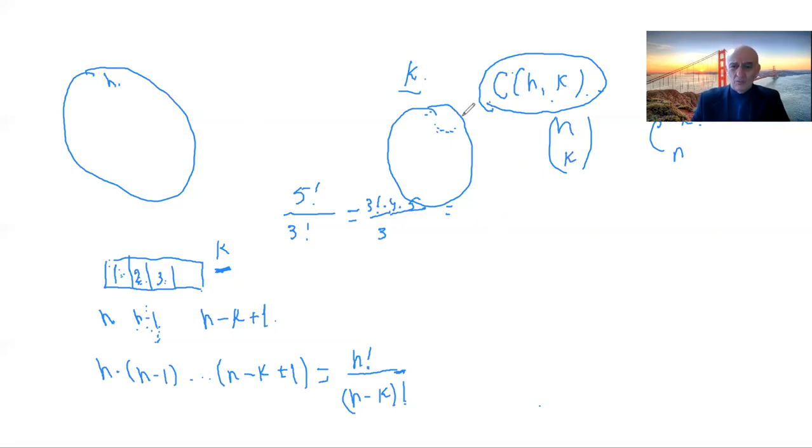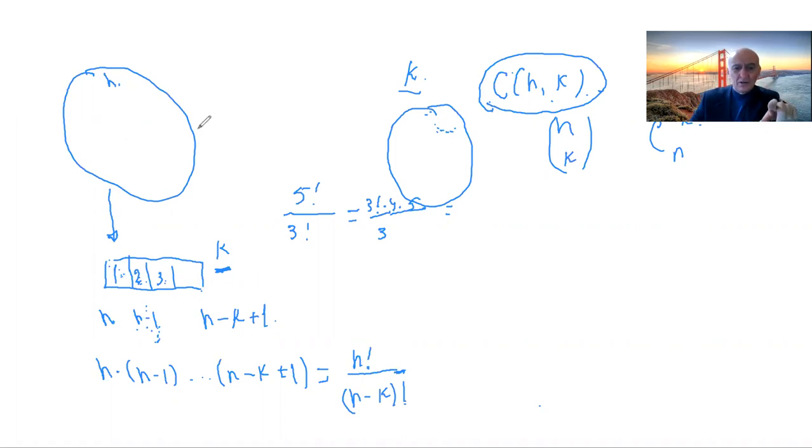Okay, now so how we got this number n factorial over n minus k factorial? We took from this set of n elements, we put k elements in particular order.